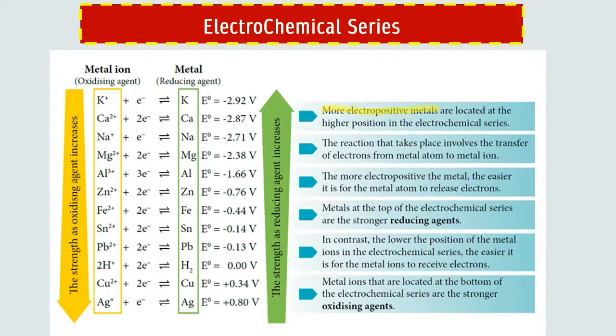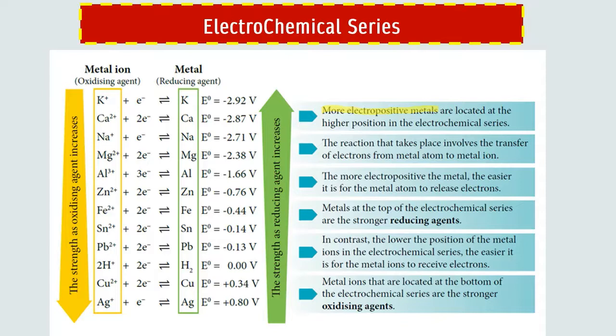If we look at the arrow in this electrochemical series, we can see that the arrow is reversible. That means the reaction can occur when metal ions receive electrons to form metal atom, or otherwise, the metal atom releases electrons to form metal ion.